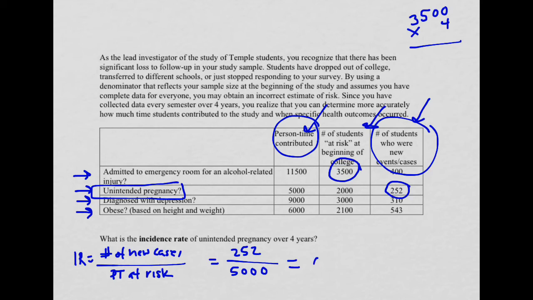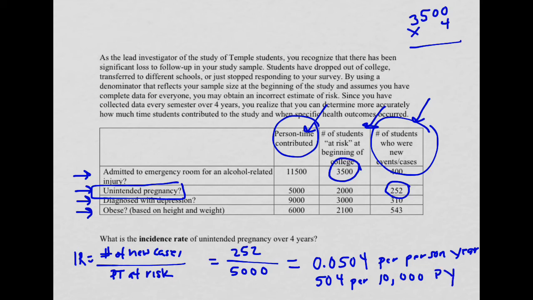So if we do this division, we end up with 0.0504 per person year, which we can then multiply to 504 per 10,000 person years. I'm just going to shorten that. You can multiply that by 10,000 and then you end up with 504 per 10,000.